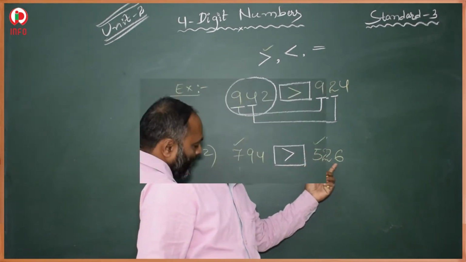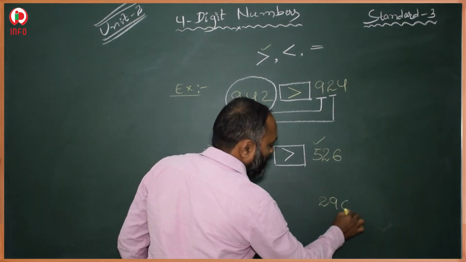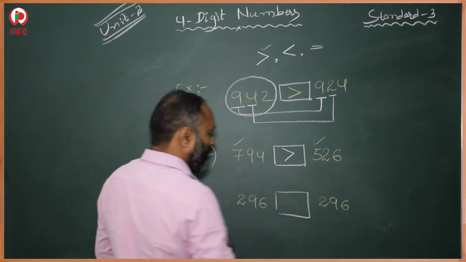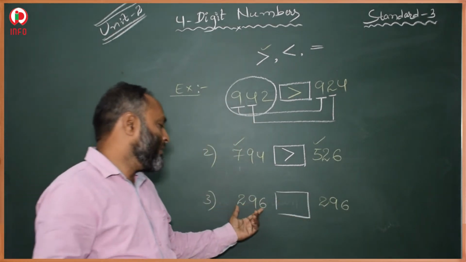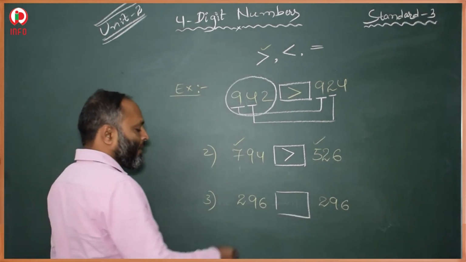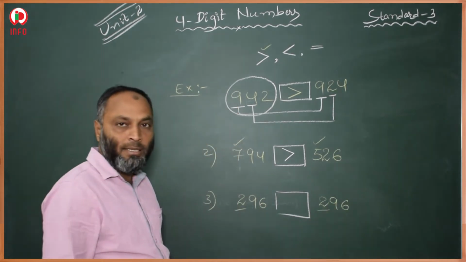Now take another type of numbers: if one number is 296 and the other number is 296, how to check? The same way. Here the hundreds digit, here the hundreds digit, both are the same.